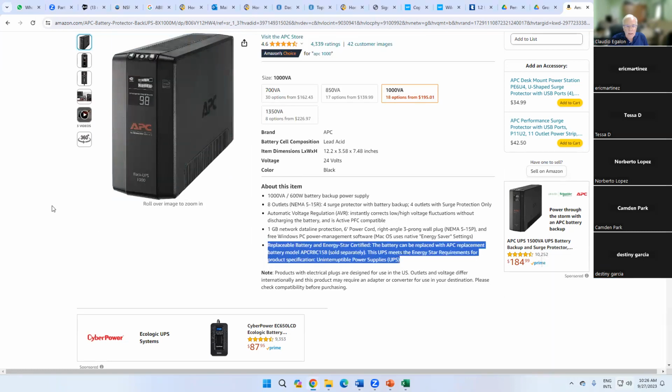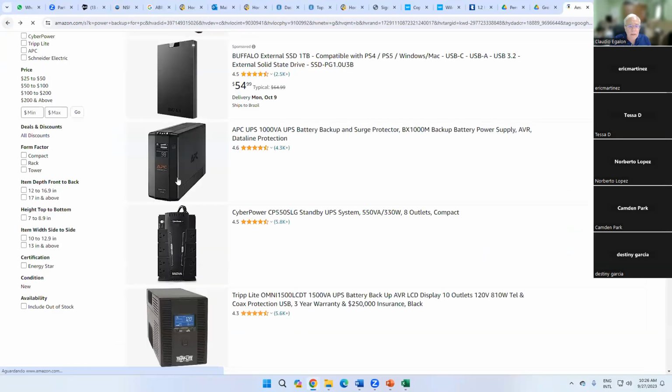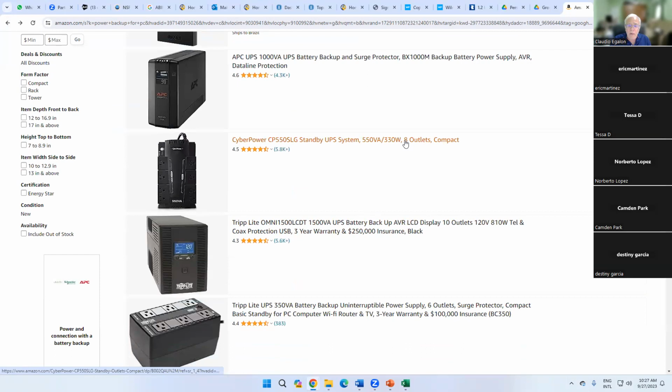But look at the pricing. That's ridiculous. $200. Mine cost me more. It cost me like $400. But I bought here in Brazil. So Brazil is more expensive for electronic devices like that. And then you have other outlets. Oh, but that's not a UPS.